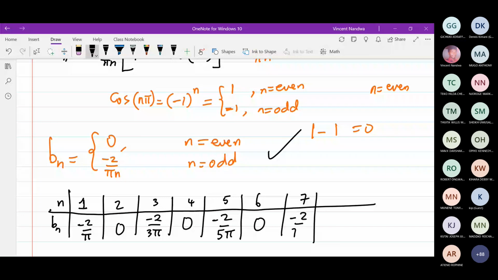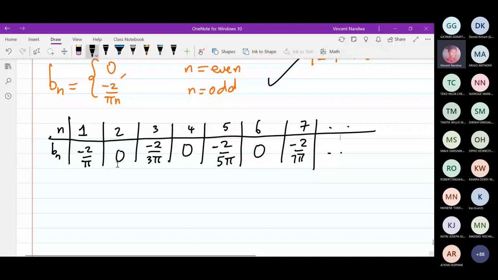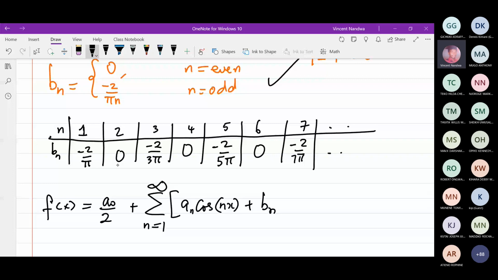f of x is given by a naught over 2 plus summation n from 1 to infinity of an cos of nx plus bn sine of nx. And then we put in the values we have.